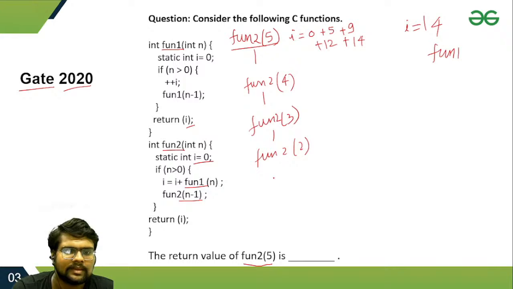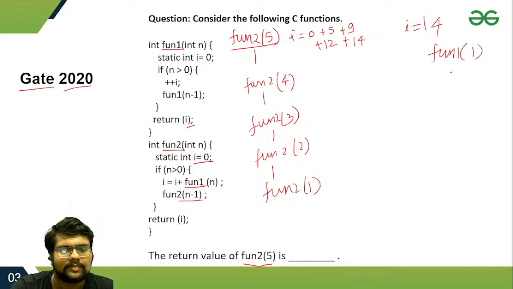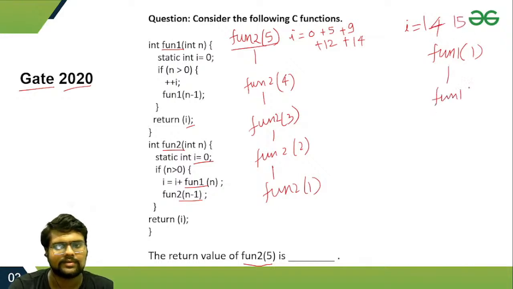Now fun2 of 1 will be called, and for that fun1 of 1 will be called. Here we just increment the value of I, which is 15, and fun1 of 0 will be called.